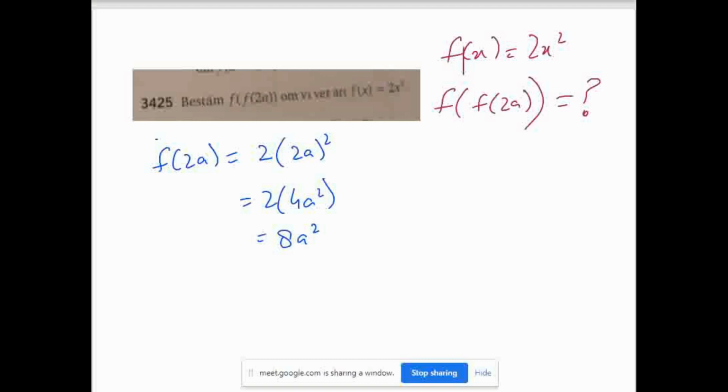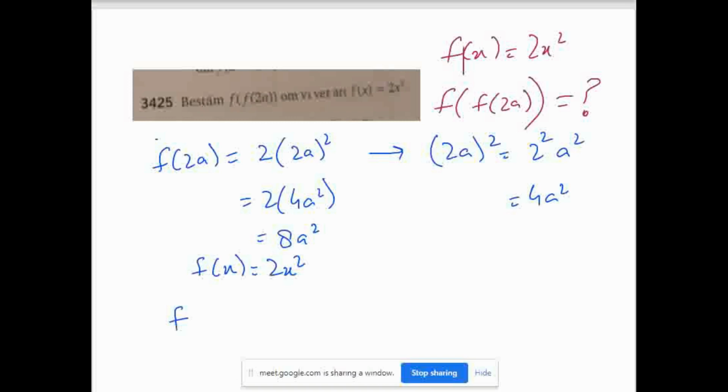Is it? Now as we know that if f of x is equals to 2x square, actually the thing is that this one was 2a whole square, which means that 2 square and a square, which means that 4a square.